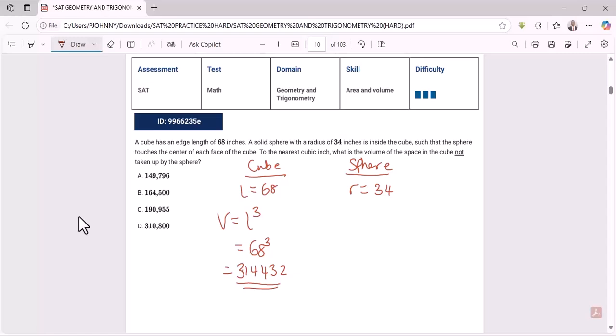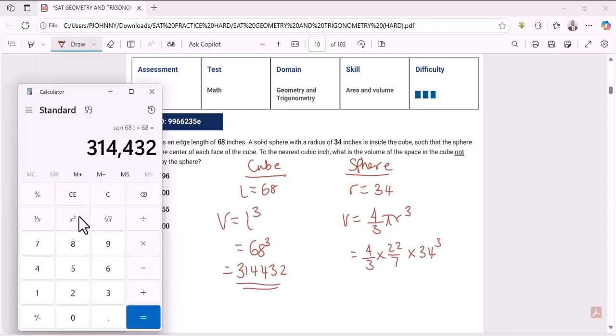So for the sphere, the volume of the sphere is 4/3 pi r cubed. This is 4/3 times 22/7 times 34 cubed. So here I'm going to have 88 divided by 21, then times 34 times 34 times 34.